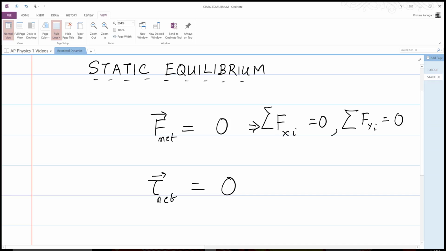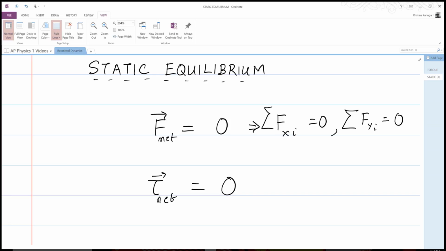And we'll see that the torque being equal to zero also gives us a freedom: we can choose the torque about different pivot points and obtain several equations. So the first example itself will clarify these ideas, and you should be on your way to calculating conditions for static equilibrium.